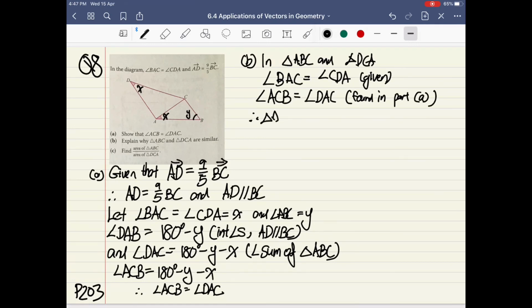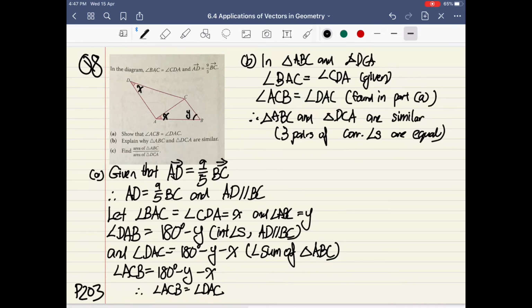This one is found in part A. So therefore what I can say is that triangle ABC and triangle DCA are similar, and the reason being 3 pairs of corresponding angles are equal. Now we move on to the very last part.